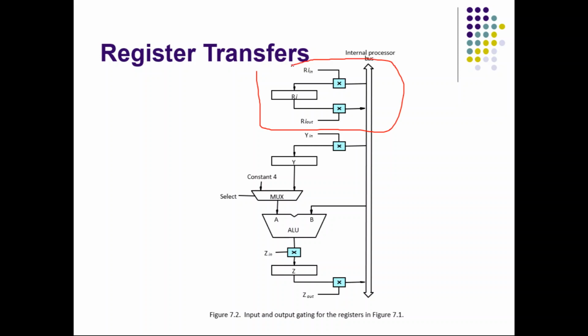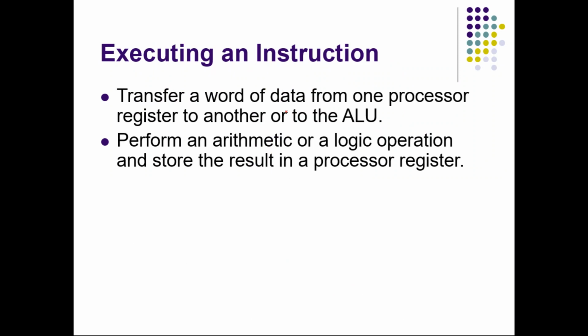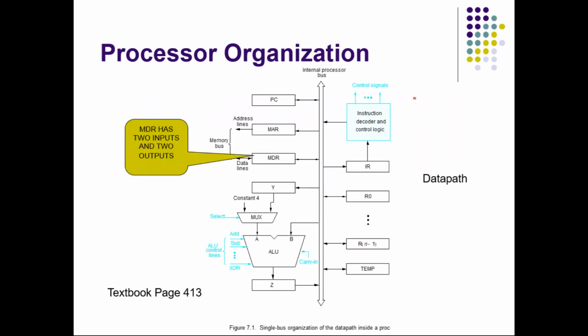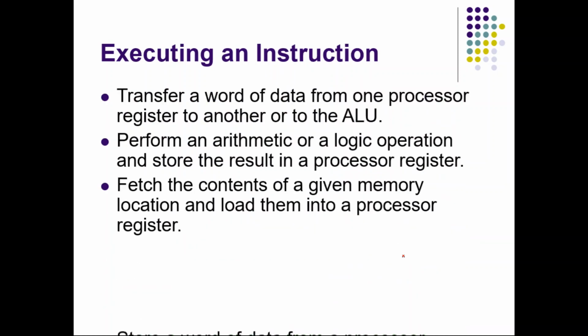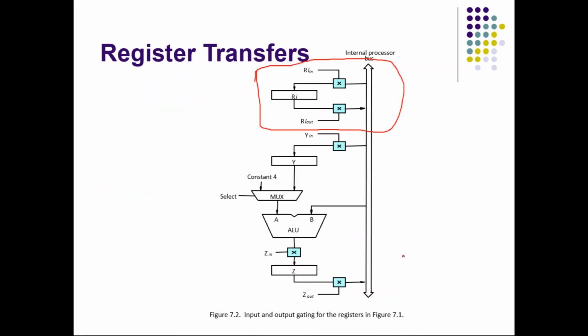This contains all the registers. This is generalized Ri. In the previous diagram the registers are shown on the right side, but it can be shown anywhere, and in this diagram the registers are shown on the left side. So Ri represents any register. It can be R0 or R1 or R7 or whatever it may be.